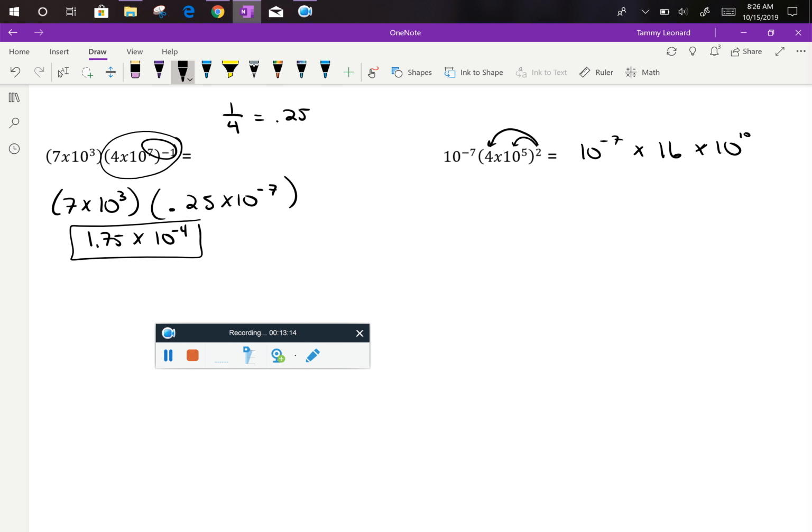We know with the commutative property, we can multiply in any order we want to, so that 16 can come first, and 10 to the negative 7th times 10 to the 10th will be 10 to the 3rd. Since when we multiply with the same base, we add the exponents. Checking, we see this is not in scientific notation. We need to move that decimal point in between the 1 and the 6. Since that made the number smaller, we need to make the power larger. So we have 1.6 times 10 to the 4th.